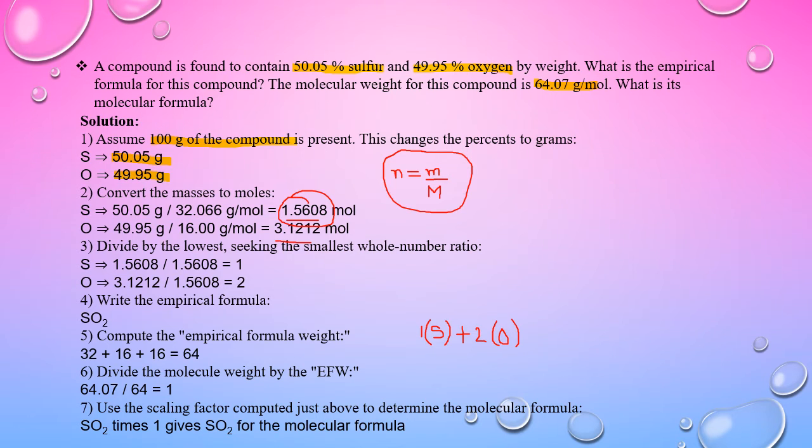Okay, so we obtained 64. Now the molecular weight given here is also 64. Now how do we derive the molecular formula? The molecular formula, that is MF, we can represent it by MF is equal to n into empirical formula. Now this n does not stand for number of moles; this n stands for the integral number.